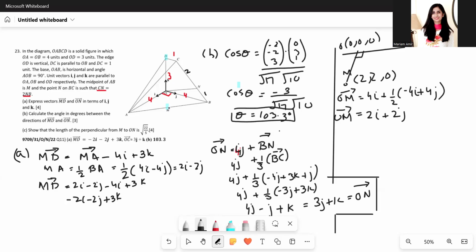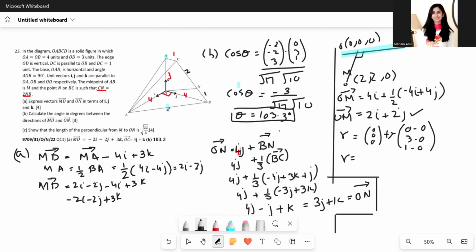Acha, so we have the coordinate of M, or the position vector OM. Now I need the vector equation of ON. So the vector equation ON would be r equals, we need a coordinate, we can use 0, 0, 0 plus lambda, and the coordinate N, 0, 3, 1, minus the first coordinate 0, 0, 0.